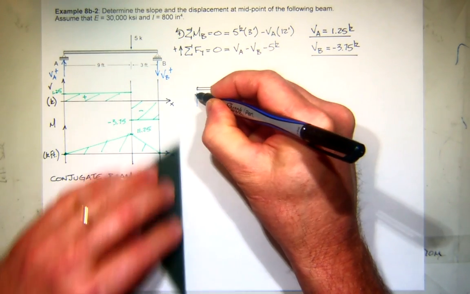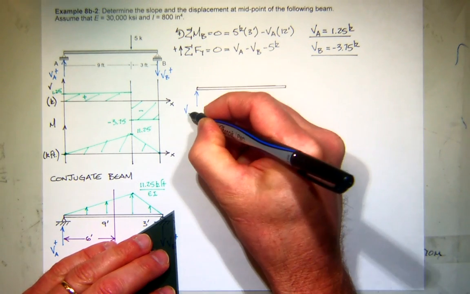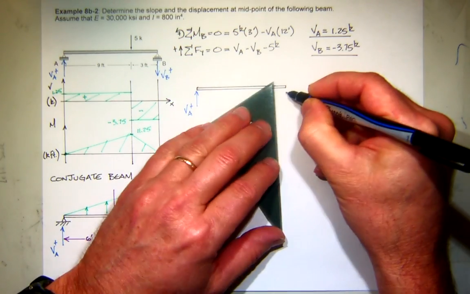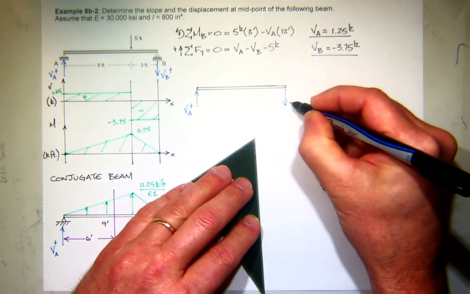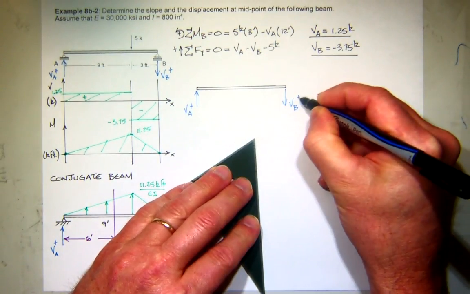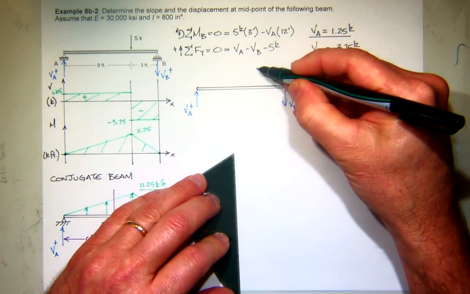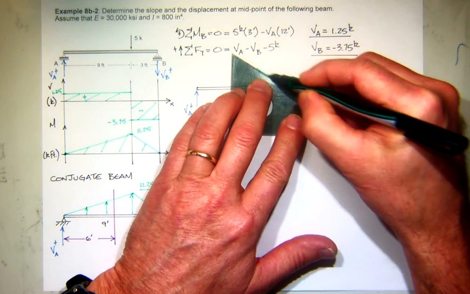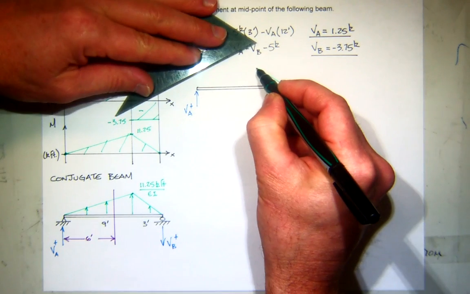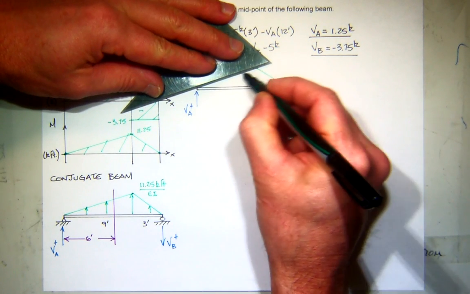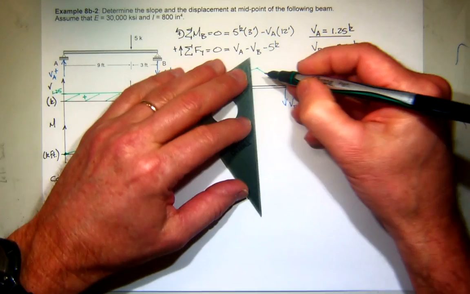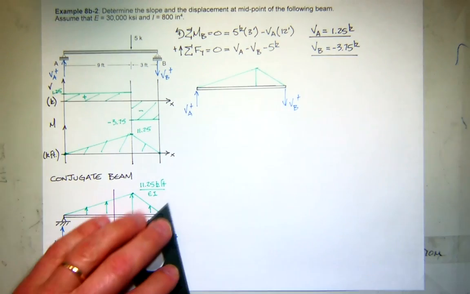So again, here's my positive shear at A and positive shear at B, and I'll just again kind of sketch in the shape of the load, and just to make it easier on myself, I'll indicate it as two triangles.